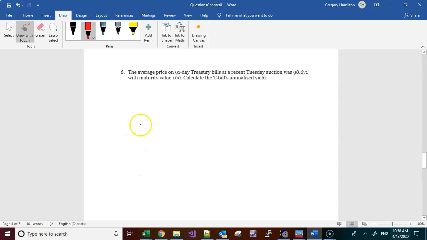And we remember from our formula, how do we calculate this? We use 100 minus P, which is the price, divided by the price. And to annualize it, we multiply by 365, which is the number of days in the year, over D, where D represents the number of days that you will actually be holding the Treasury bill for. In this case, the number of days is 91.